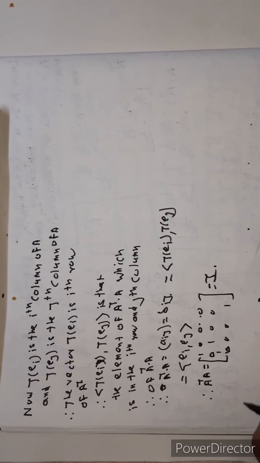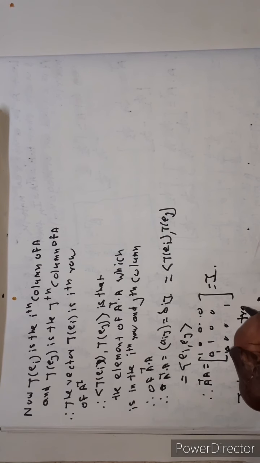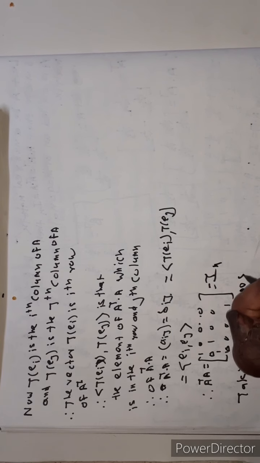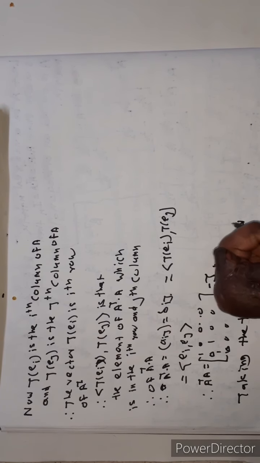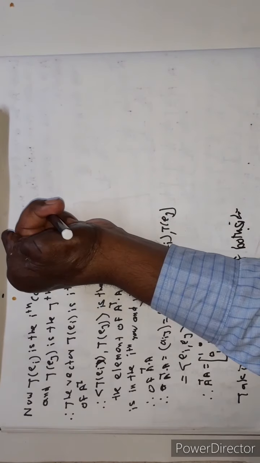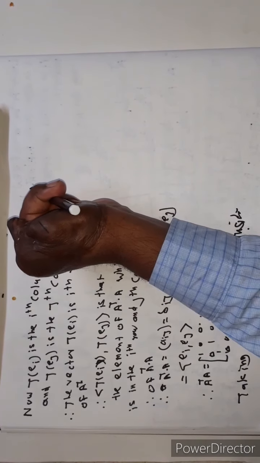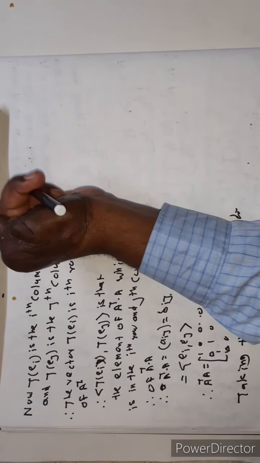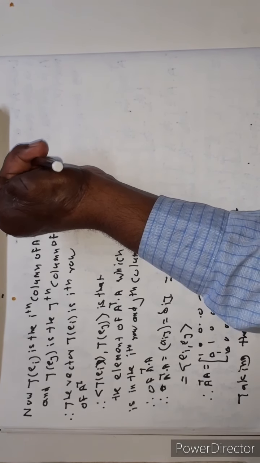Now taking the transpose of both sides, we have (A transpose A) transpose is equal to In transpose.